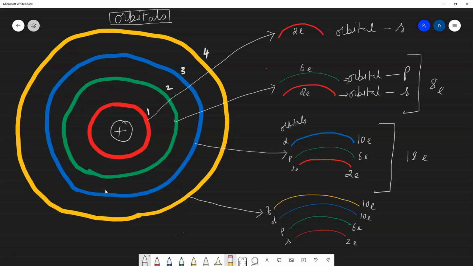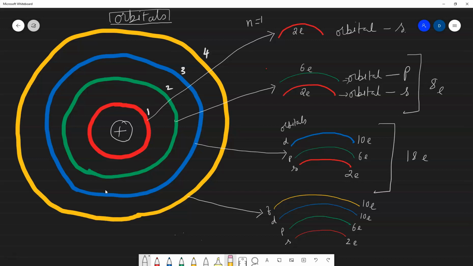The innermost shell, shell number 1, is made of just one orbital, and in this orbital the 2 electrons move together. The only orbital in shell number 1 is called the S orbital, and it can have only 2 electrons maximum.